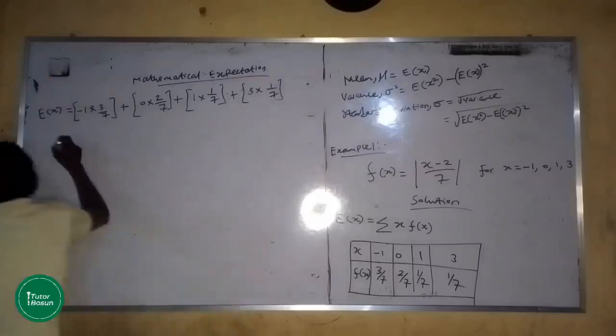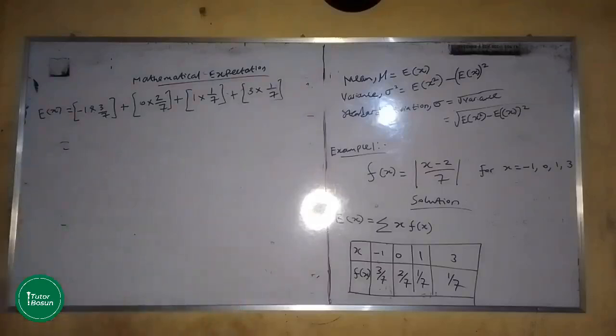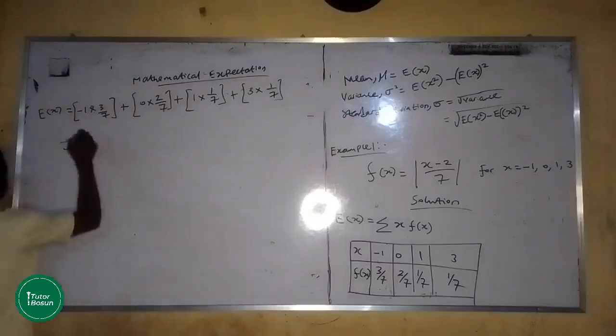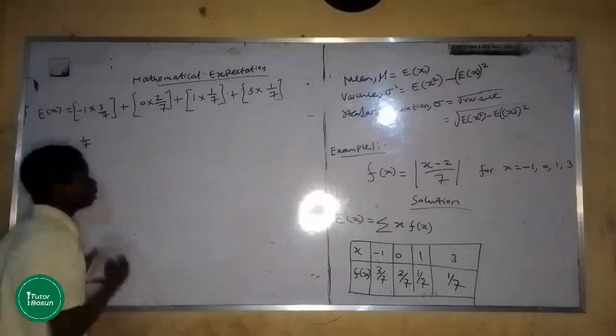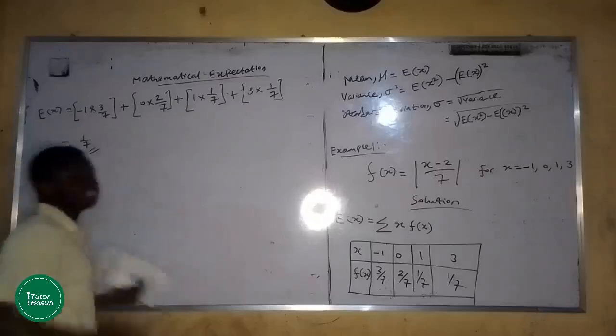If we add everything together, we should have 1 over 7 as the answer, 1 over 7 as the expected value of x. It's as simple as that.